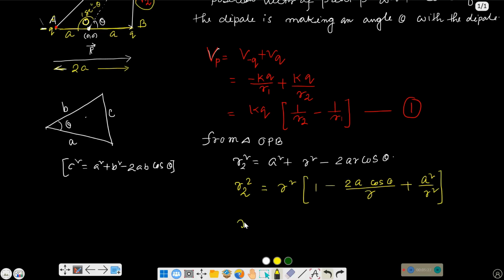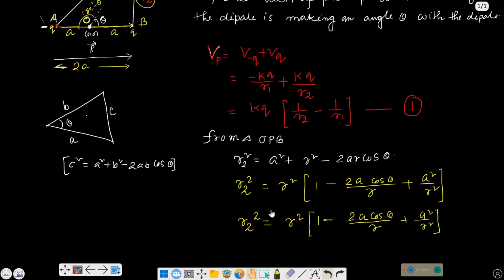So from this we can write r2 square equal to r square times 1 minus twice a cos theta by r plus a square by r square.